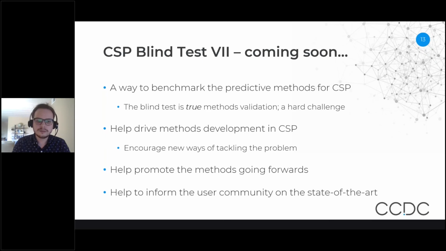And it really helps to drive methods development within CSP by encouraging new ways of tackling the problems. And it's a good way to also inform the user community of the current state of the art by revealing the results at the end. So keep an eye out for the CSP test targets to be released, and hopefully we'll see some friendly, good-spirited competition.